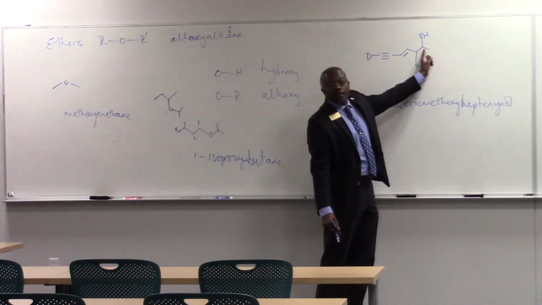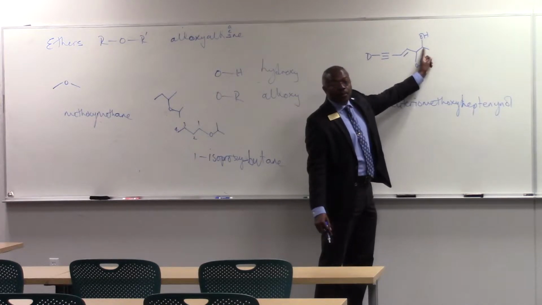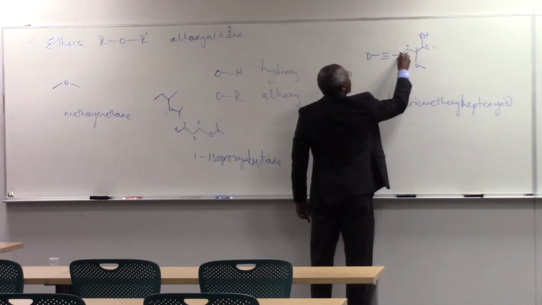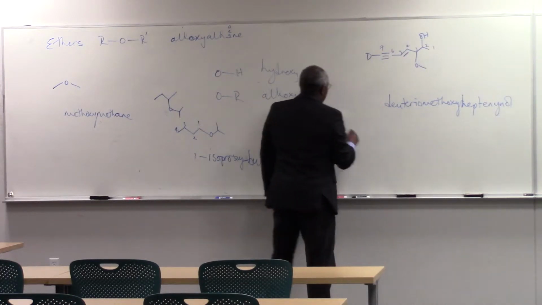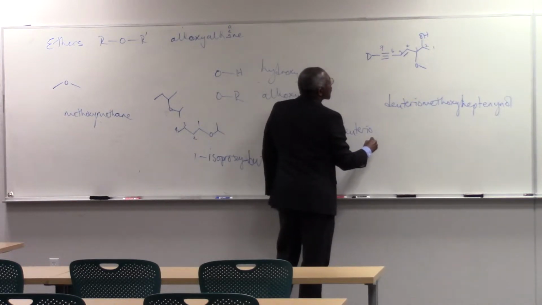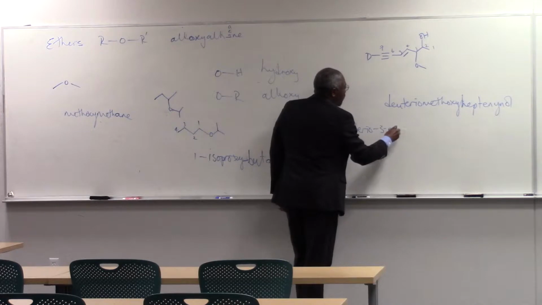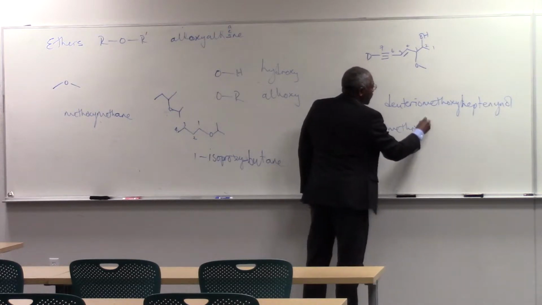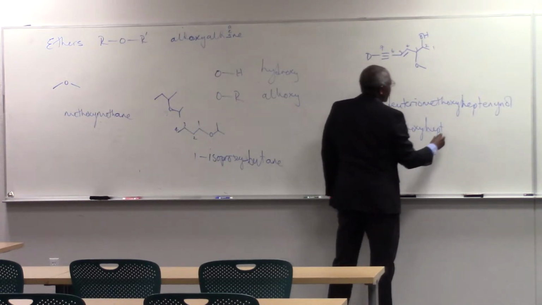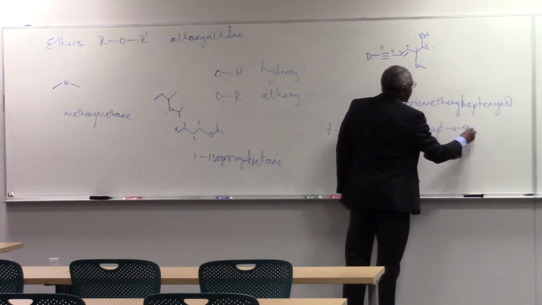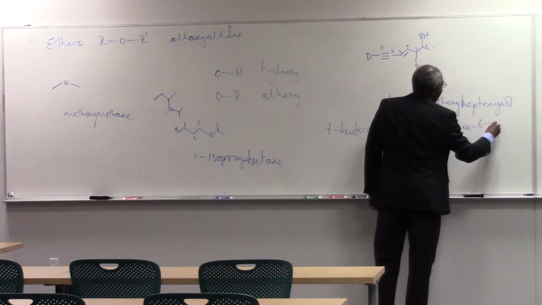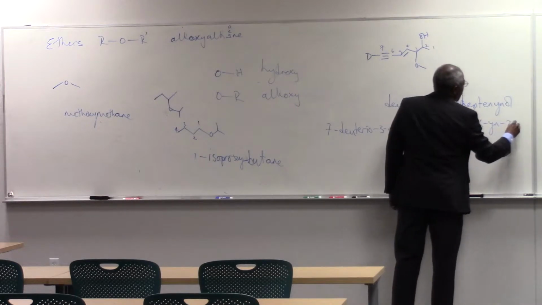Obviously, I want the smaller number for the hydroxy group. So this is 1, 2, 3, 4, 5, 6, 7. And I would call this 7-deuterio, 3-methoxy, hept, 4-en, 6-yn, 2-ol.